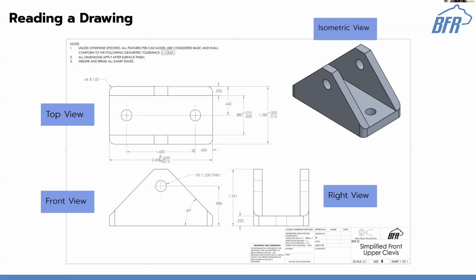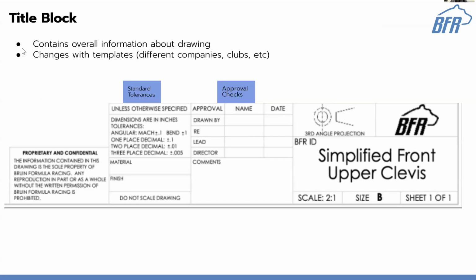This 1.6-inch dimension goes to the center lines of these holes, so it's the hole-to-hole distance. Hopefully it becomes more intuitive. This one points to each of these lines and has a degree symbol, so that one's the angle between the two lines. And this is the title block.